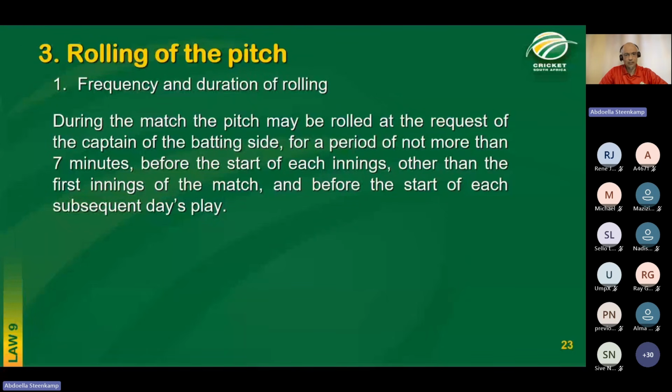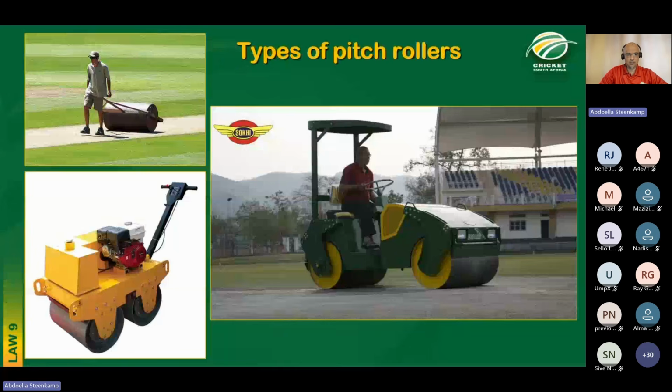So usually, practically, what happens? Let me give you an idea of how the umpires handle each of these situations when it comes to rolling after the game has started. Before I get there, let me just take you to the next slide. So usually at international level, at those stadiums, you usually find three rollers available.